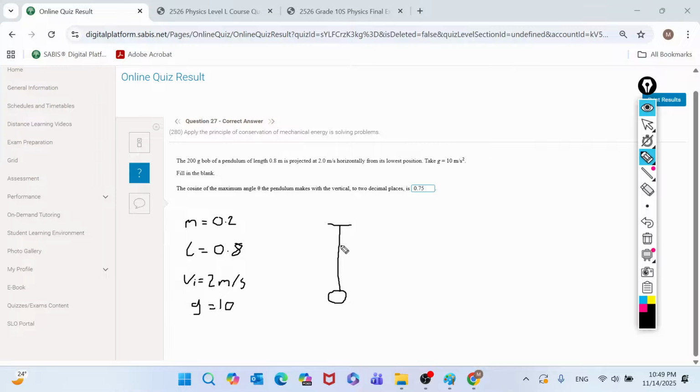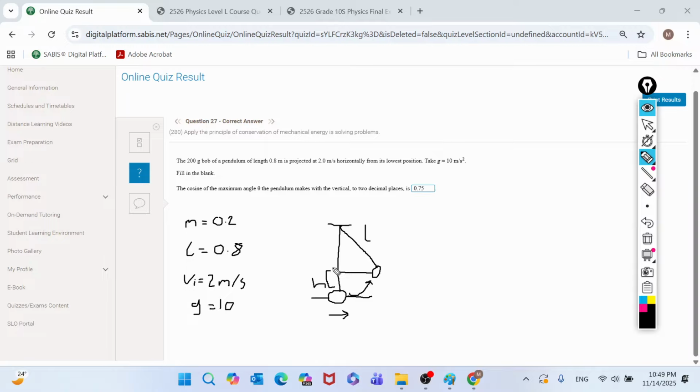So guys, this is the pendulum. 2 meters per second, it gets pushed like this. And it's obviously going to go up. It's going to move like this. Okay, now we'll take this as the reference for the height. Here the height is 0. So the height here, we'll take it equals h. This is the height. Okay, this is the length.